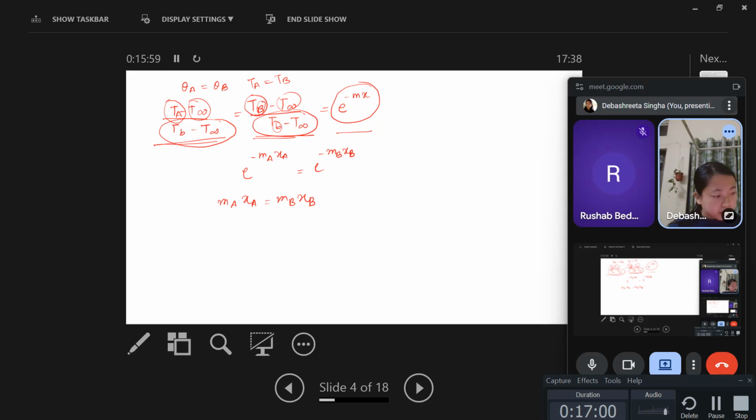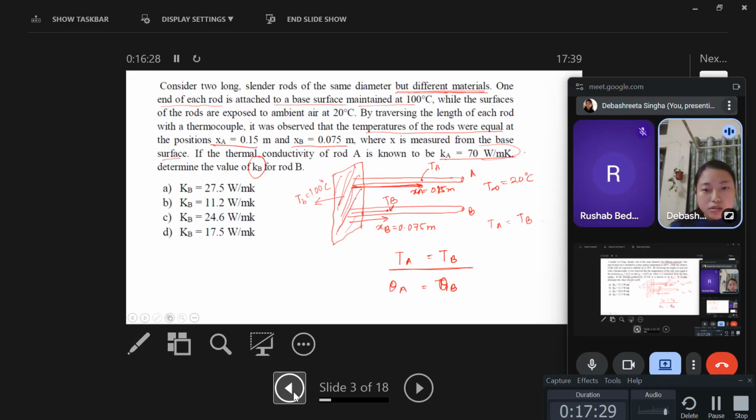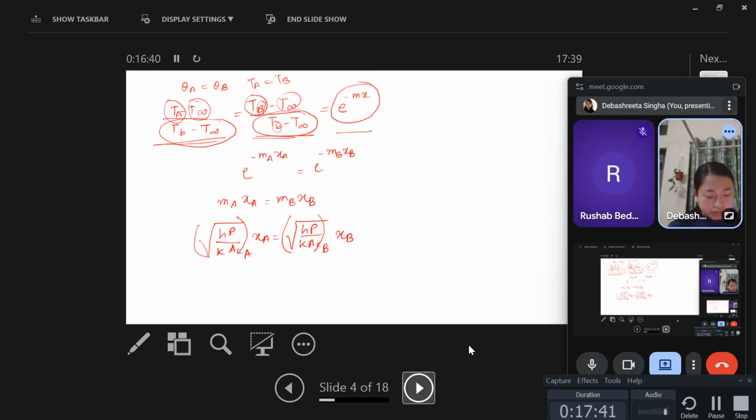m is given by the square root of hP over k Ac. So this whole one is for a, this whole one is for b. But here they have already given in the question that they have the same diameter, which means the dimensions are the same.